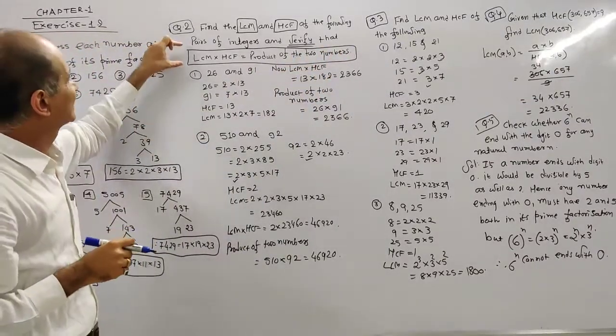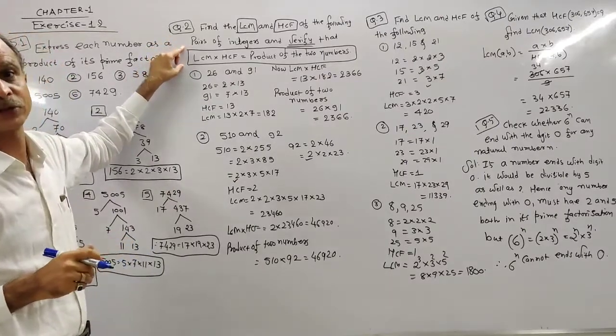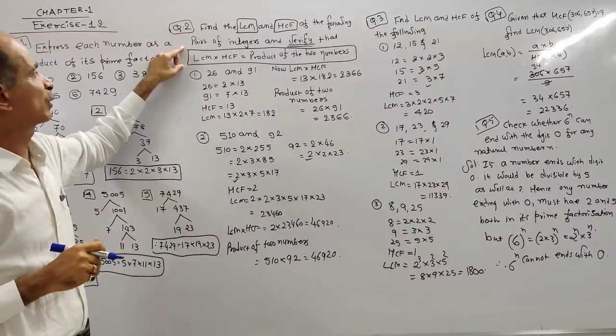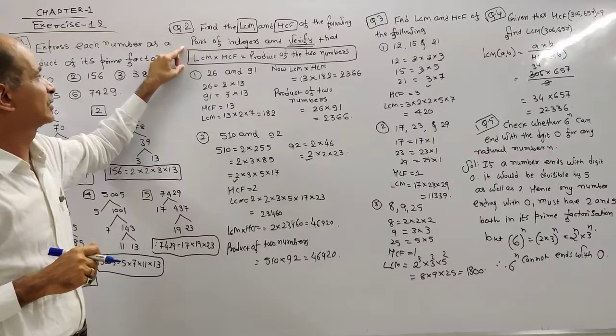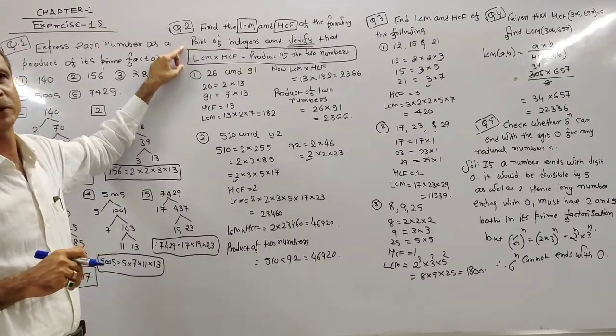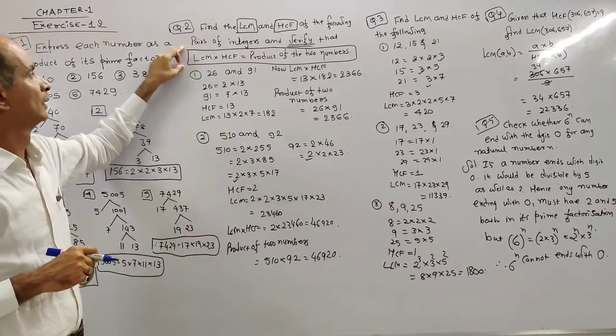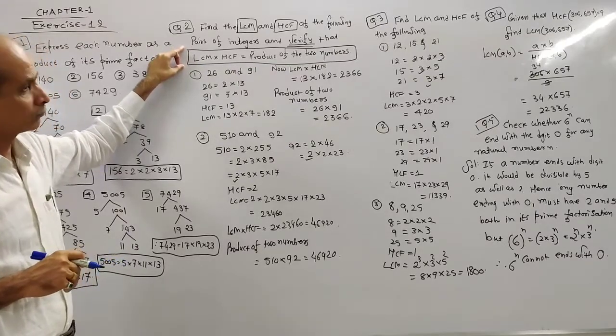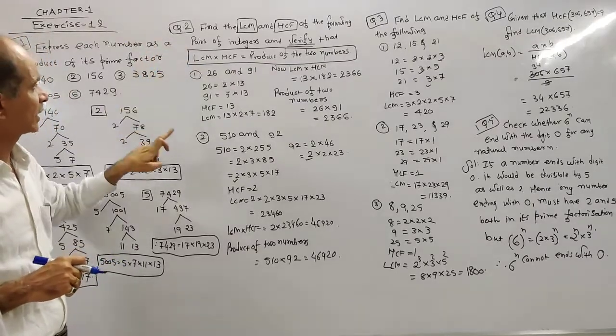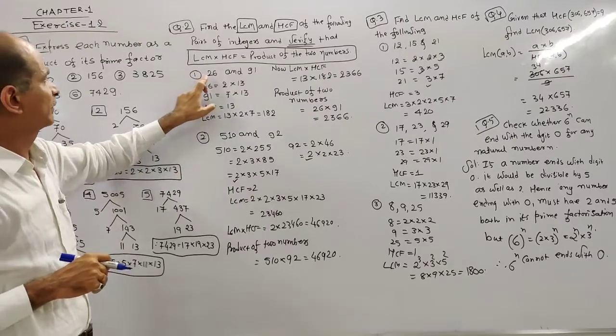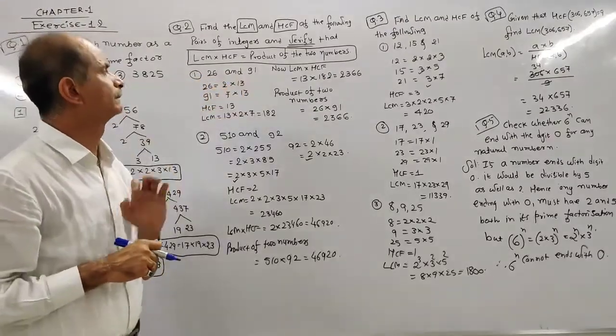We have already studied this formula in our first lecture, concept number 5, that LCM into HCF is equal to the product of the two numbers. So here also 2 examples are given to you. First example is 26 and 91.